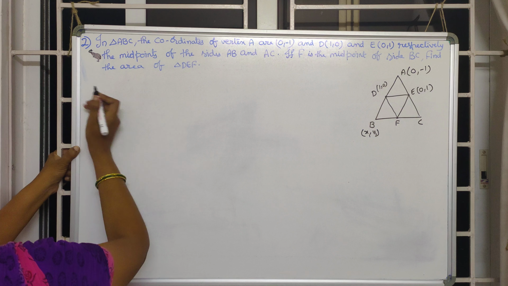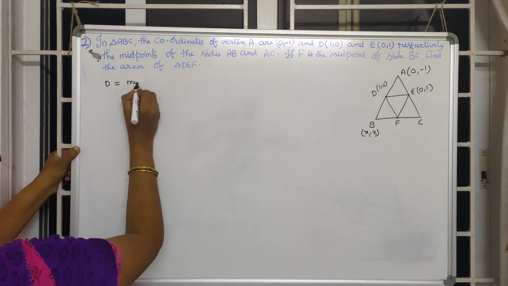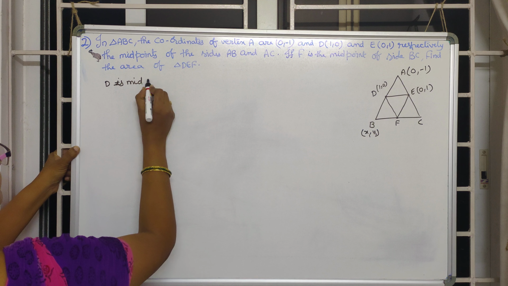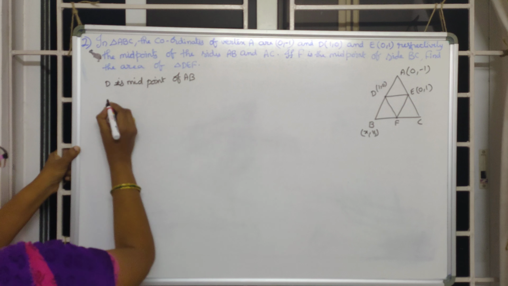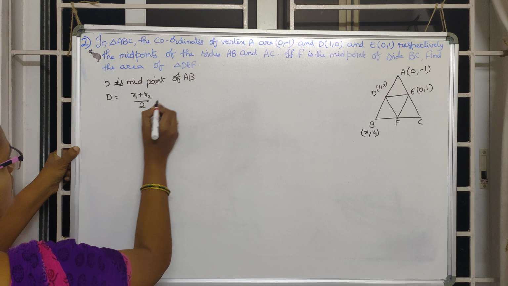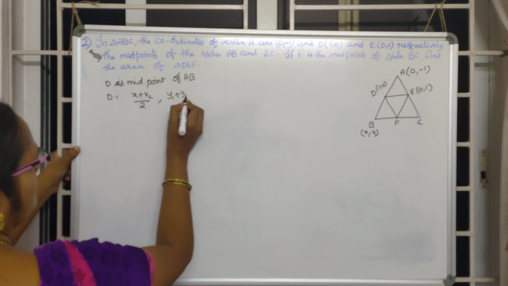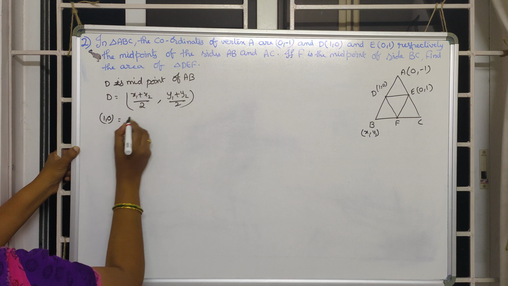Then here D is the midpoint of AB. So D equals, what is the formula? (x1 plus x2) by 2 comma (y1 plus y2) by 2 is the formula. D value is (1, 0) given to us.